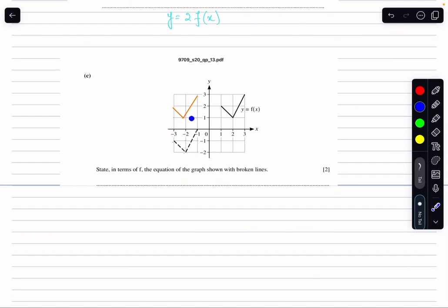For the horizontal translation along the negative x-axis, start counting the units. For the first point, it should first be translated towards the negative x-axis: 1, 2, 3 and 4. 4 units for this point, and 4 units for this point too.